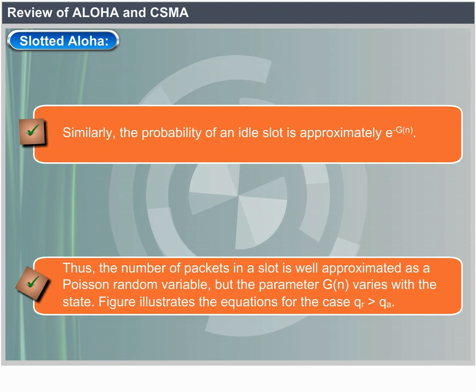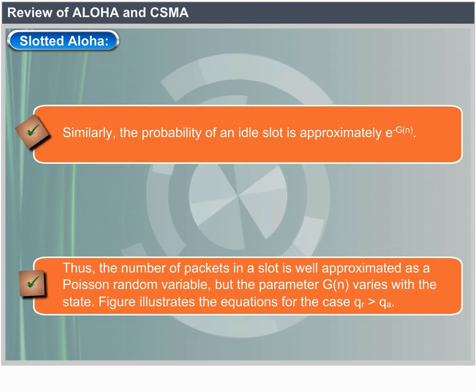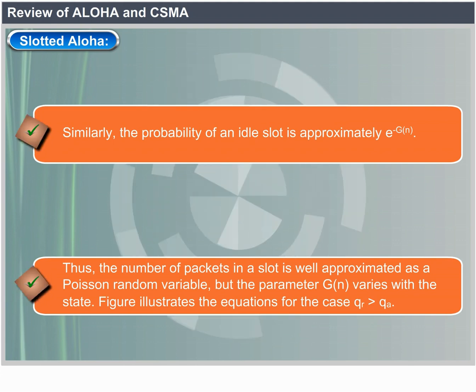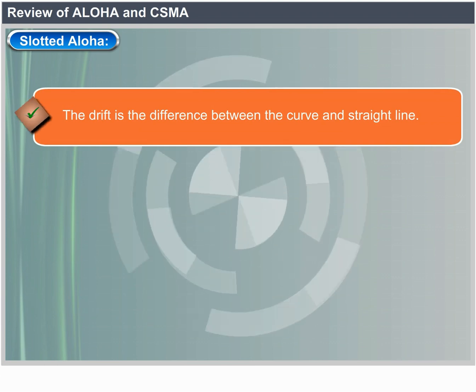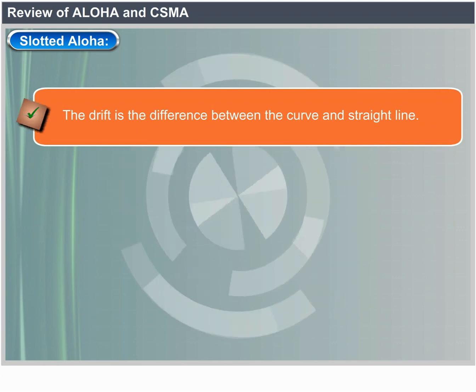Thus, the number of packets in a slot is well approximated as a Poisson random variable, but the parameter G of n varies with state. The figure illustrates the equations for the case QR greater than QA. The drift is the difference between the curve and the straight line.